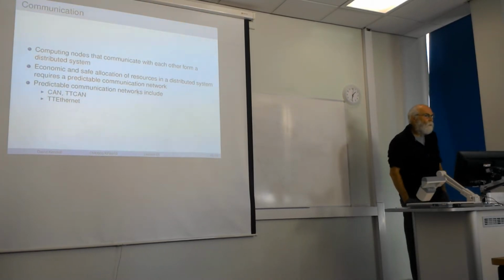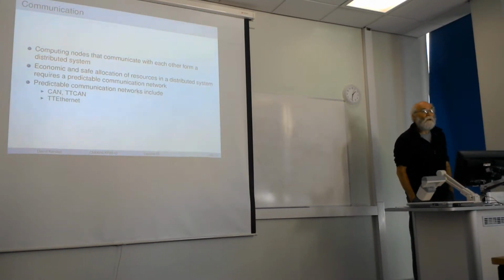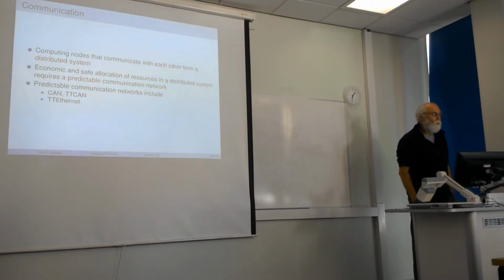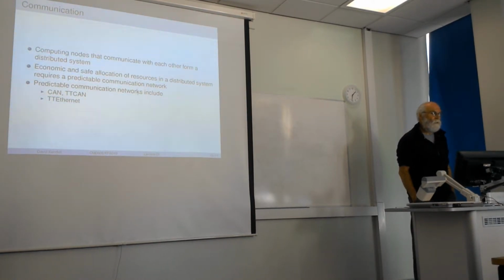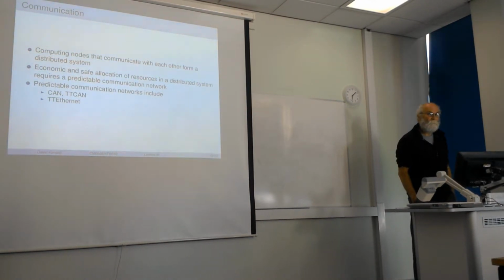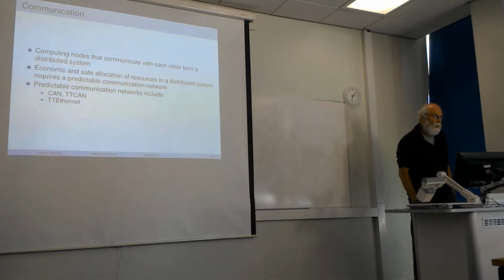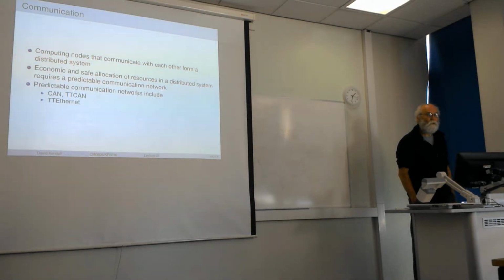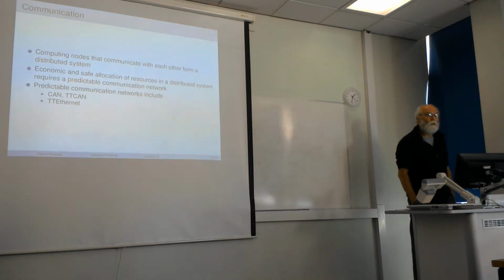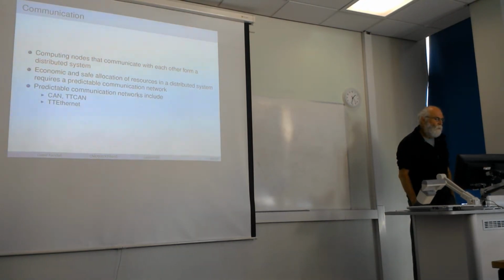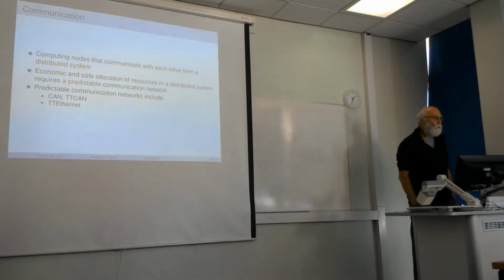As long as our communications are good enough, then normally we're happy. Hence the prevalence of Ethernet everywhere. Can anybody remind me how nodes sharing an Ethernet network typically get access to the network? What's the MAC protocol for Ethernet, the Medium Access Control Protocol?